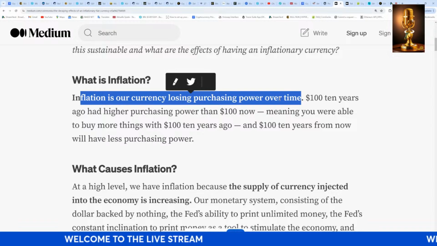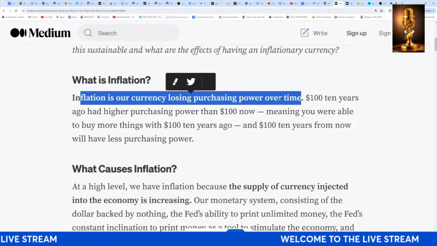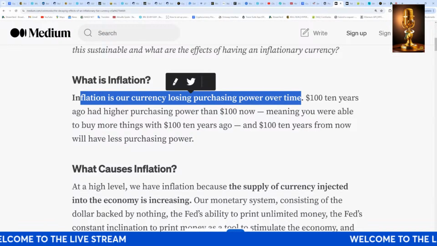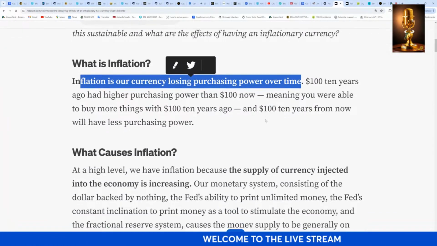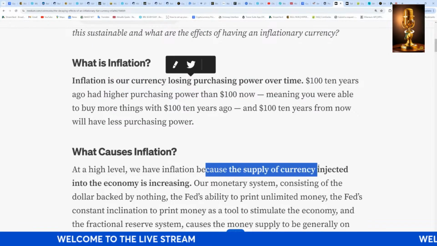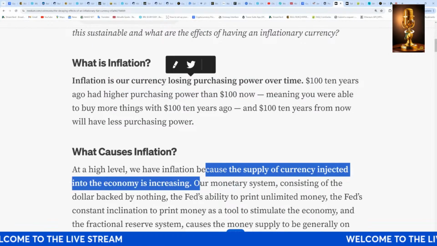In Ethereum as well, it is deflationary, but only if used a lot. But the other 2, which is Solana and Curve, they've definitely lost purchasing power over time. So they have the same issue like the fiat system right now. What's causing inflation? Because the supply of the currency injected into the economy is increasing.